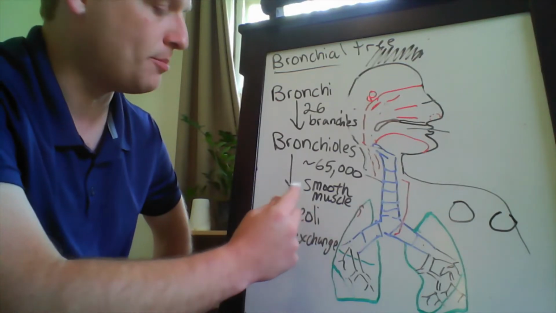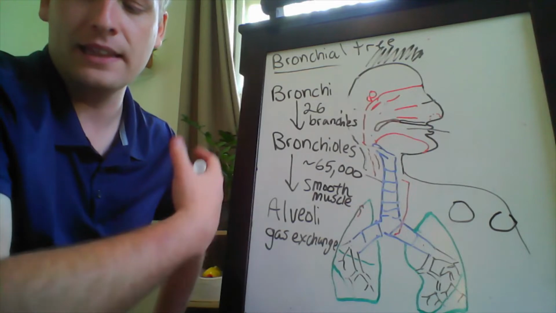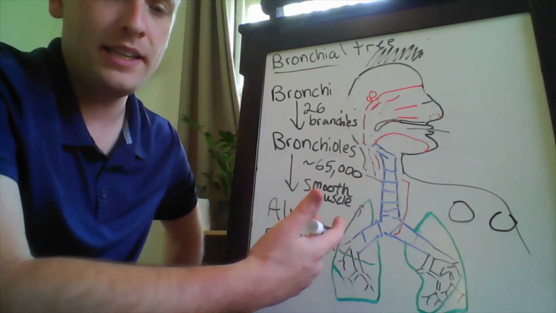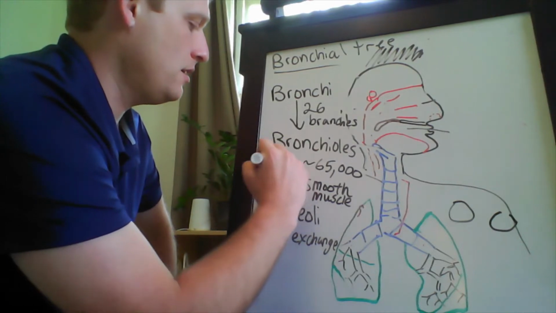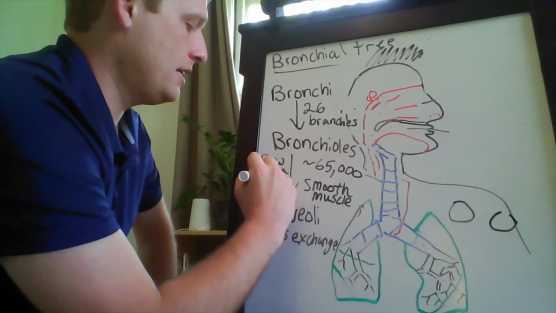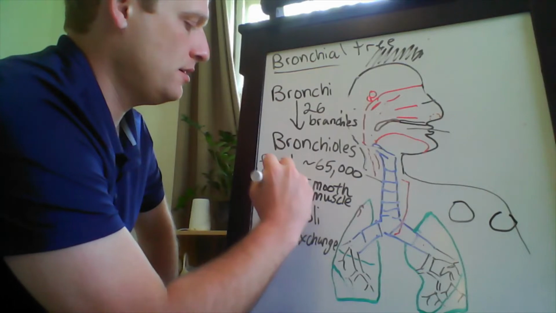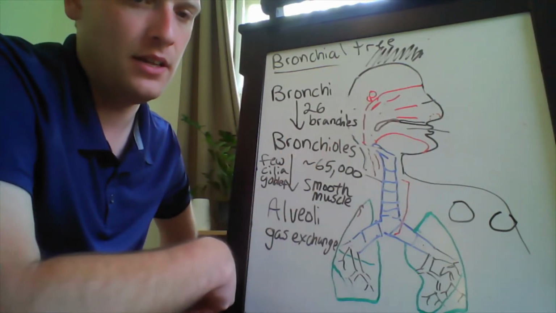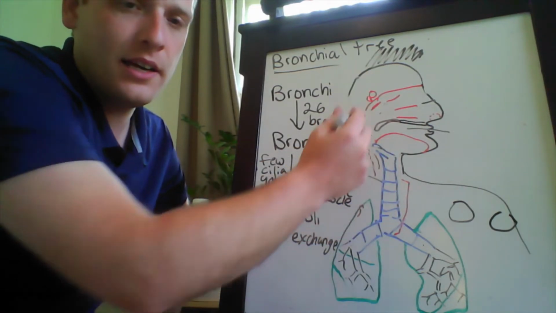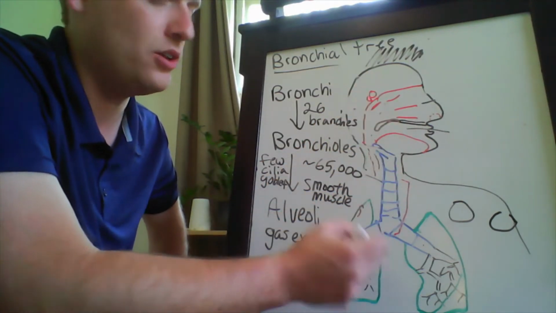Once you get down to the bronchioles themselves, they actually lack cartilage. And they also have very few cilia and goblet cells. So there's not too much mucus production going on deep in the lungs. That's because there's a lot of filtration going on all the way up to this point.